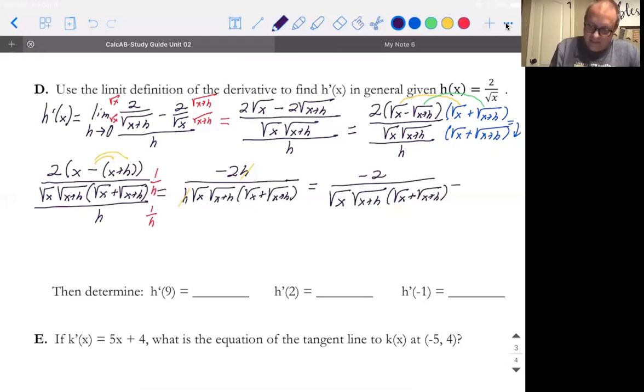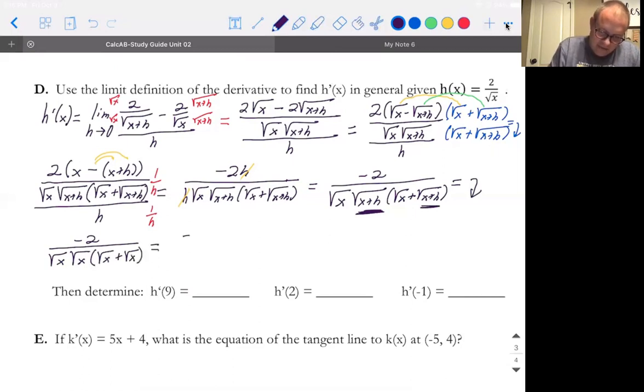So we're getting there. Let's jump down again. So that negative 2 is still going to hang out. I'm going to have a square root of x. Now this one right here, if I put 0 in, is also going to be a square root of x times the square root of x plus, this will be a square root of x as well. So to clean this up, the radical x times the radical x is just x.